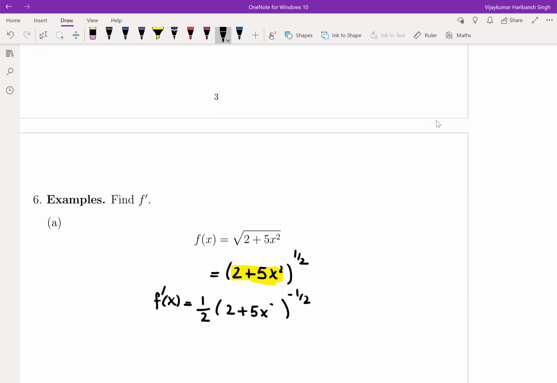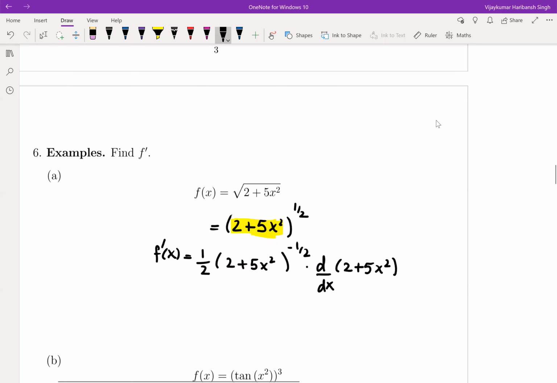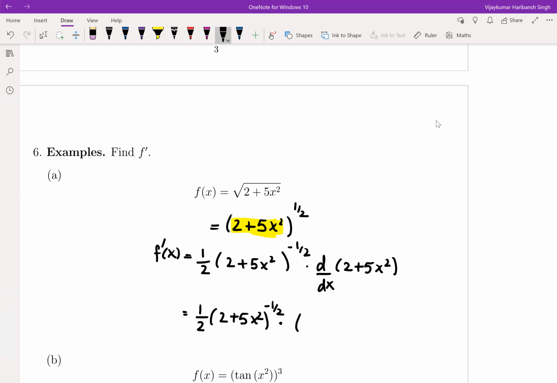So half (2 plus 5x squared) to the power minus half, multiplied by the derivative of 2 plus 5x squared, which is going to be what? Minus 10x. Yeah, so this is your derivative.